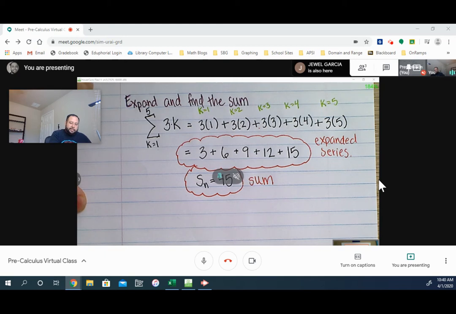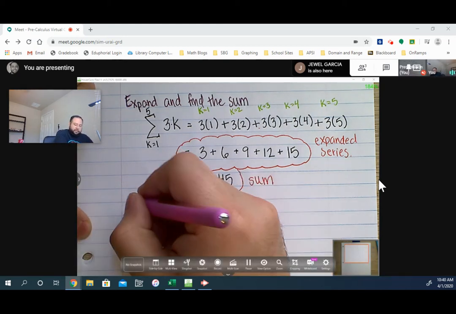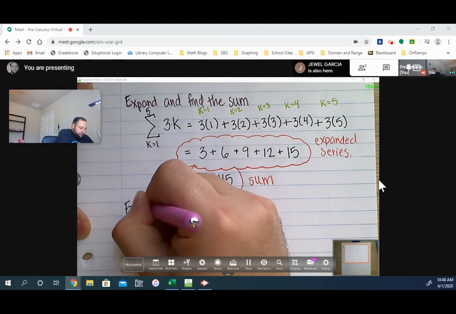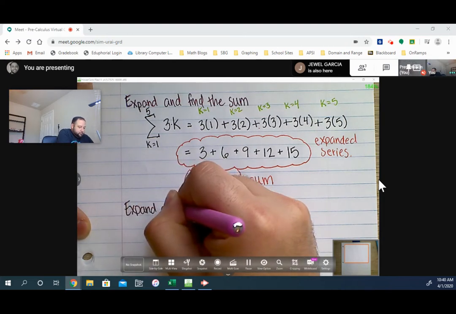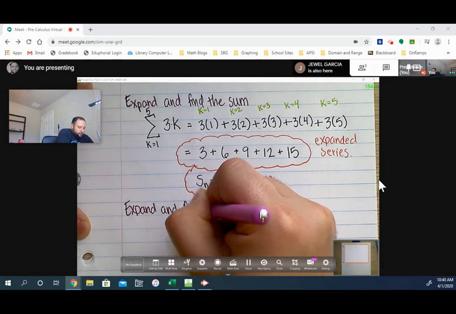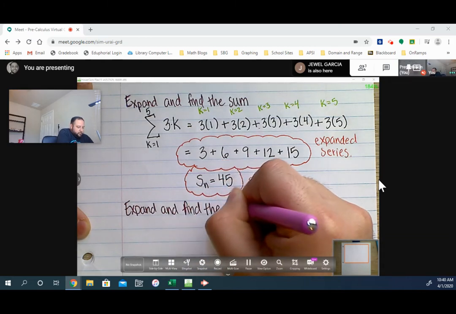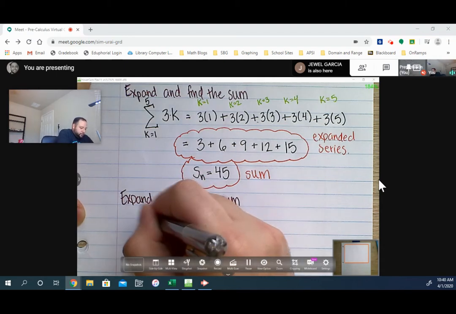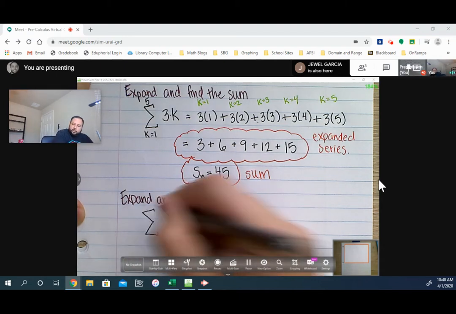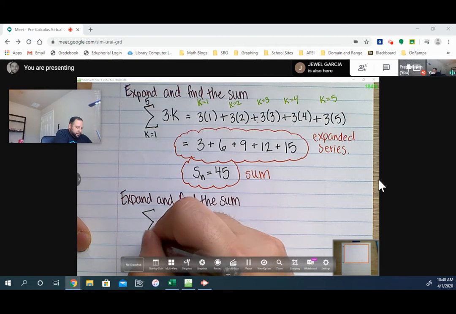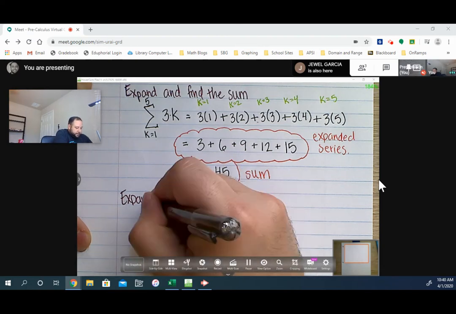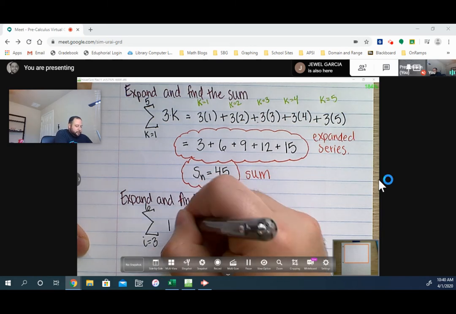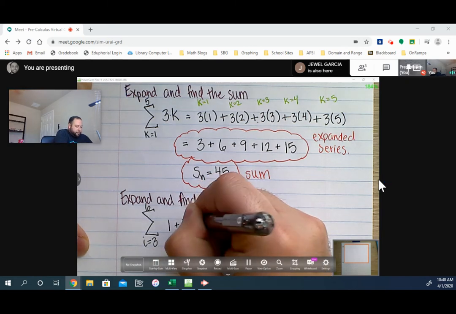Let's do another example where you're asked to expand and do the same thing, expand and find the sum. We're going to do the summation from i equals 3 to 6 of 1 plus i squared.